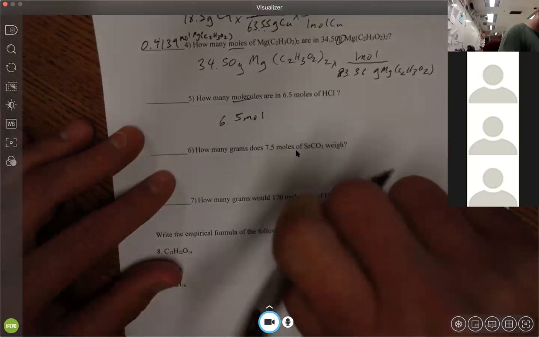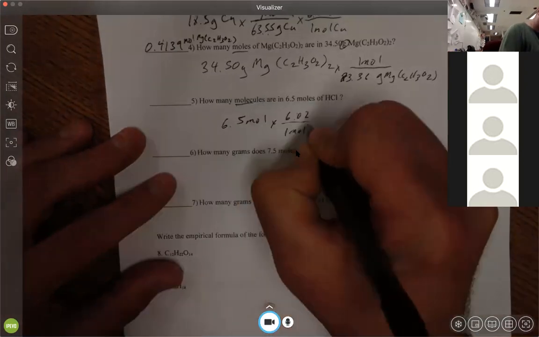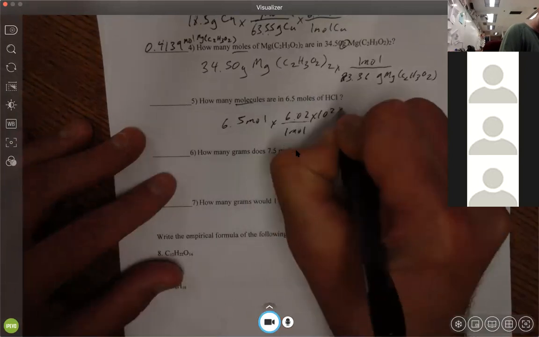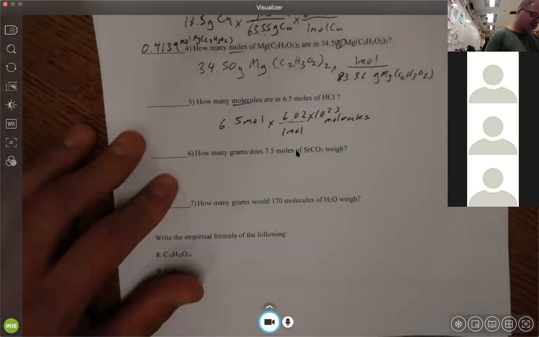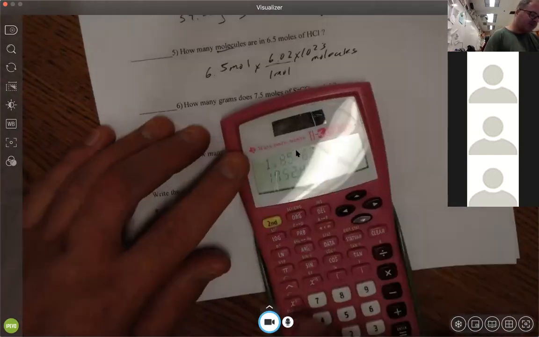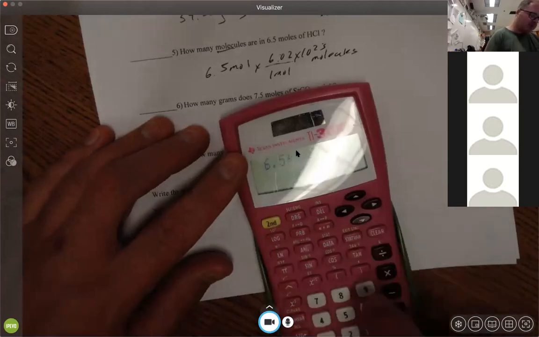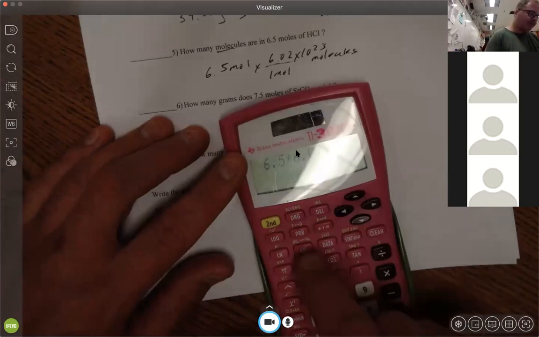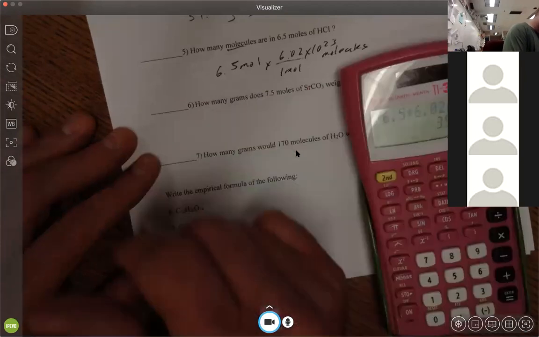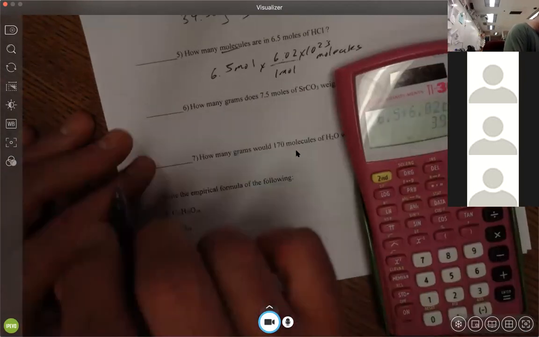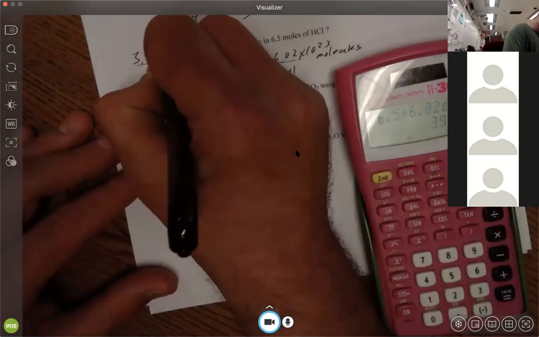Every 1 mole is 6.02 times 10 to the 23rd molecules. Again, when doing scientific notation, we got to use this, 6.5 times 6.02 times 10 to the 23rd. It's going to be 3.913, 2 significant digits. It's going to be 3.9 times 10 to the 24th molecules.